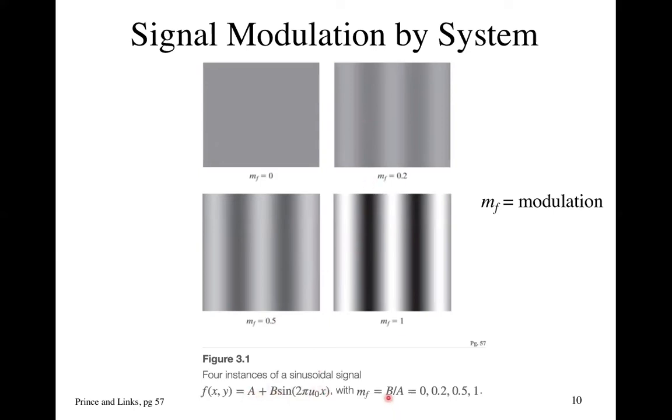And for different ratios of B to A, so 0, 0.2, 0.5, and 1, we get these different images. Here we're adding 1 to the background, and here we're subtracting 1 from the background. So you can see this is a low contrast sinusoidal variation. This is a higher contrast and a much higher contrast, okay? And so that's one way of characterizing the modulation that a plane wave makes on your image.